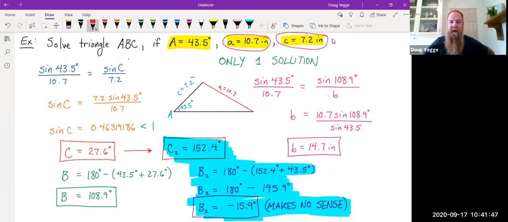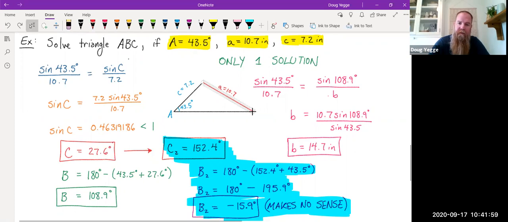So if side C is 7.2 inches and side A is 10.7, it is definitely going to hit the other side. However, it was longer than 7.2, which means there was no way for me to come back towards angle A to hit that opposite side. So the only thing I'm able to do is go away from angle A, which is why that side is much larger.